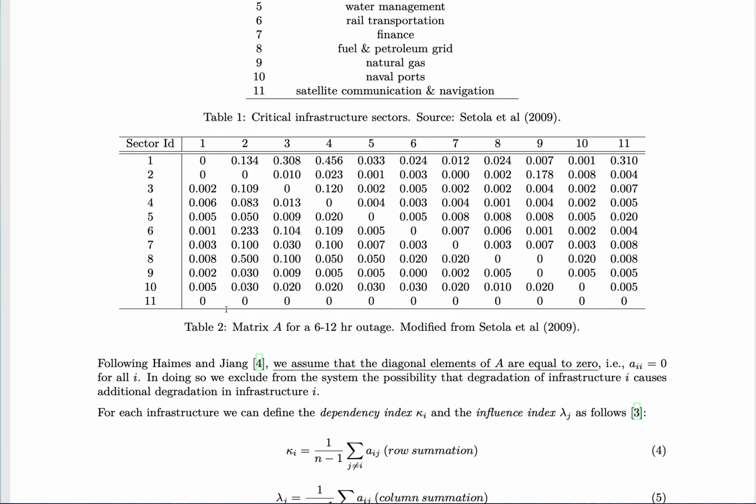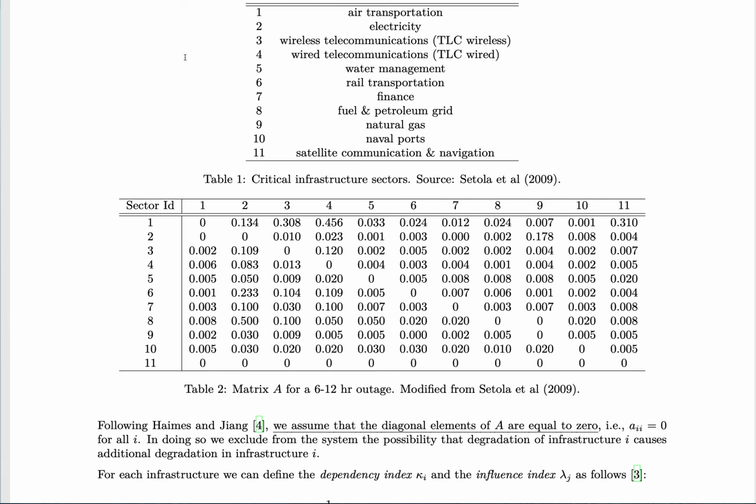And they have things like, well, okay, if you take off sector 2 and you want to know how much damage that will do to the satellite communication and navigation sector, the answer is nothing. Sector 2, electricity, is not used in the satellite communication system. The satellites are in space and they're powered by solar panels.